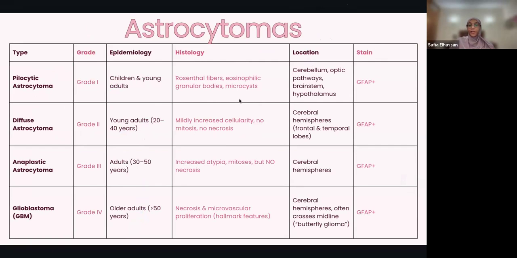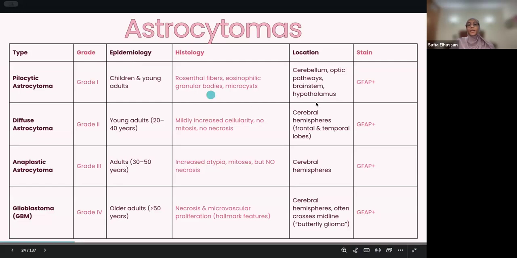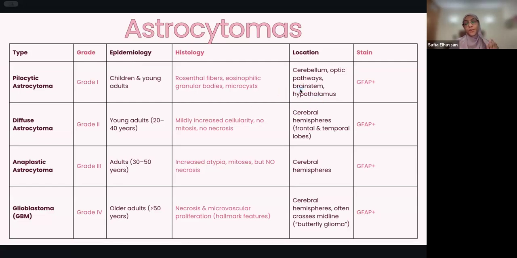So grade 1, which is pilocytic astrocytoma, is the most benign one, typically seen in children, and it's located in the cerebellum.